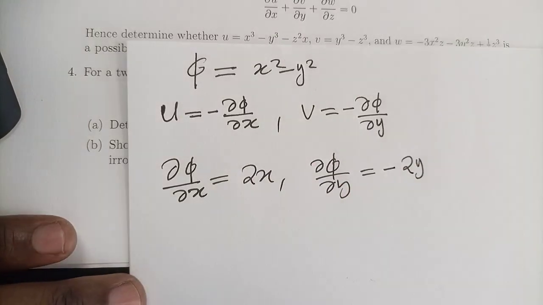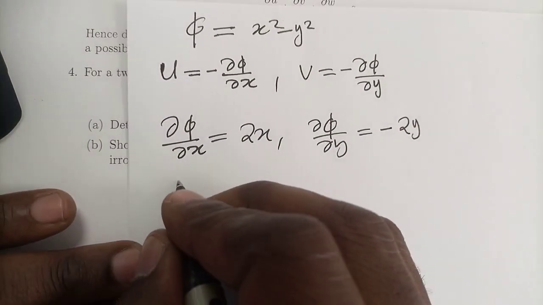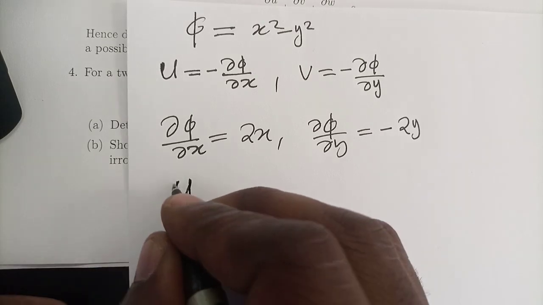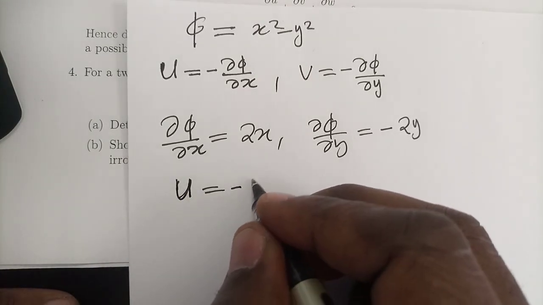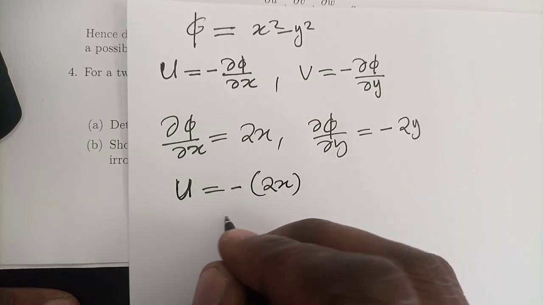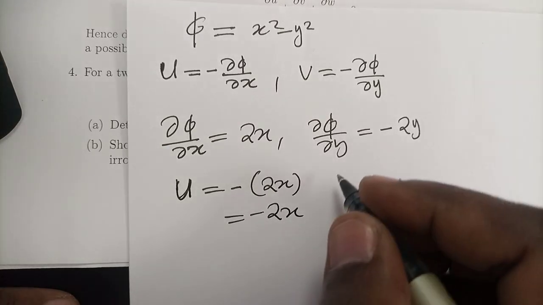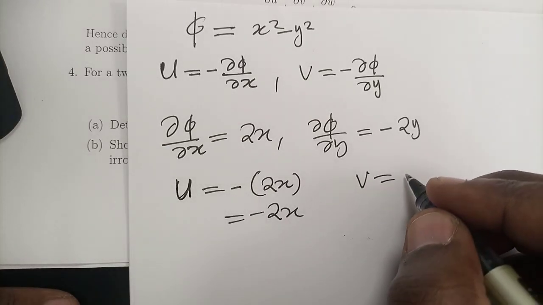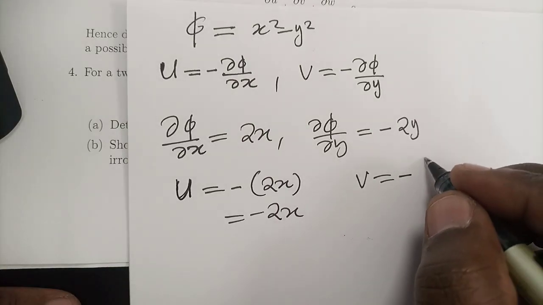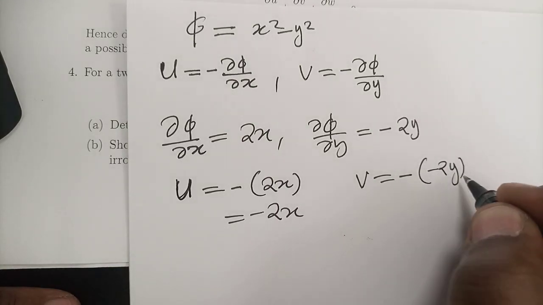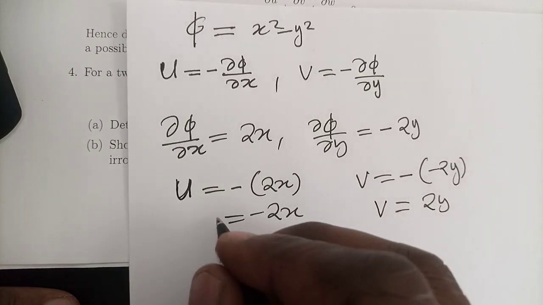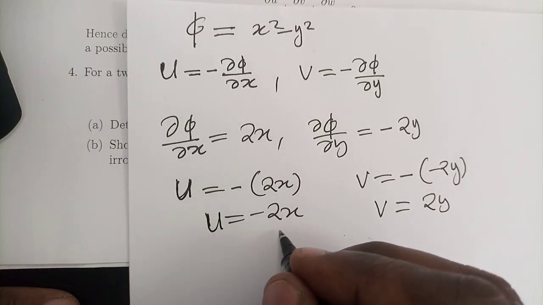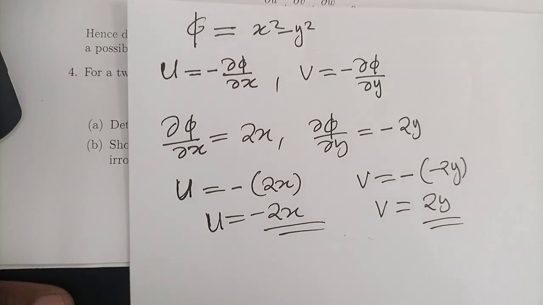Then substituting these equations, your velocity component along the x-axis will be given by negative 2x, and for this you get minus negative 2y, which is just 2y. So these are the velocity components.